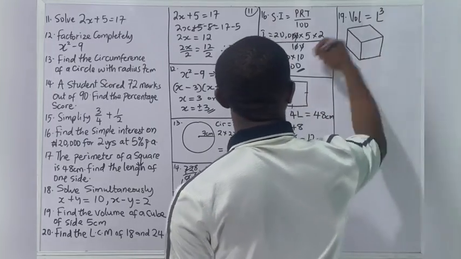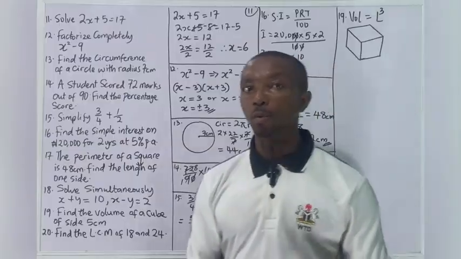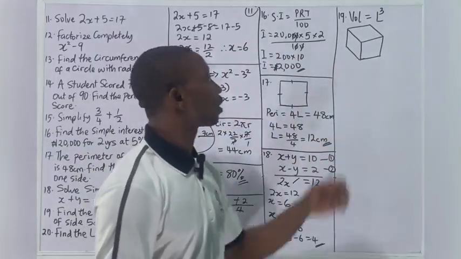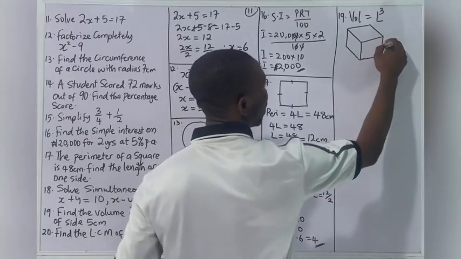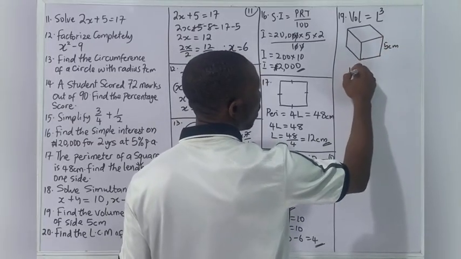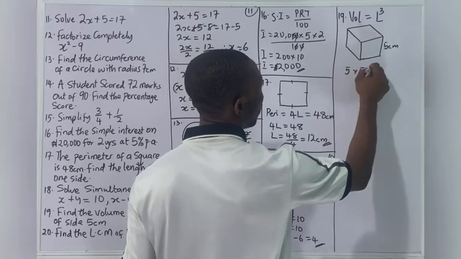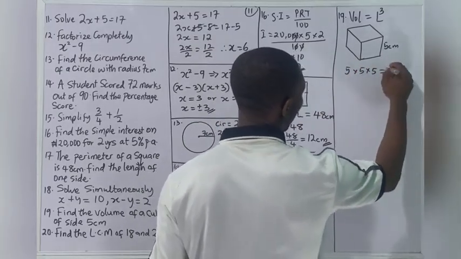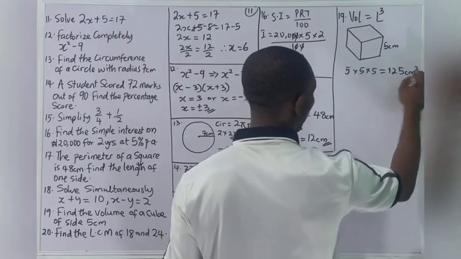All its sides are equal, just like your Maggi cube. Now for us to find the volume, they said one side is 5 cm. So our volume will become 5 times 5 times 5, which is 125 cm cubed, the volume of the cube.